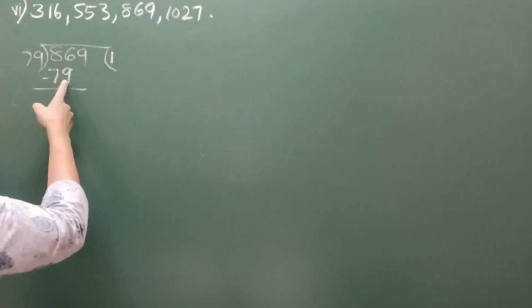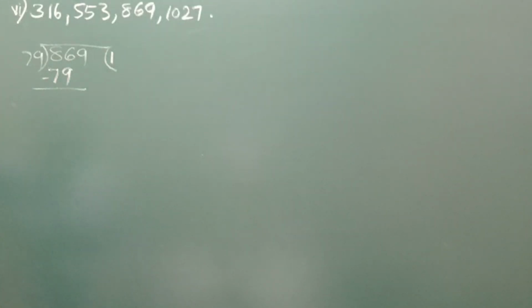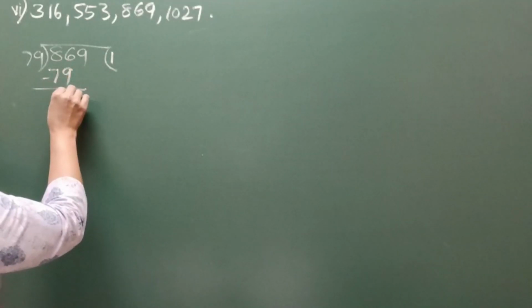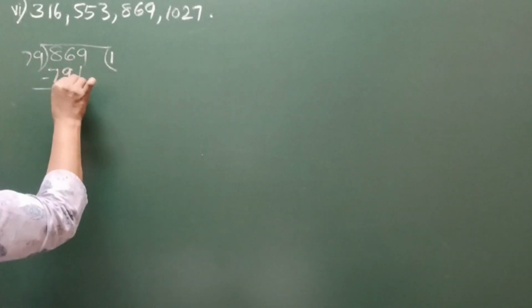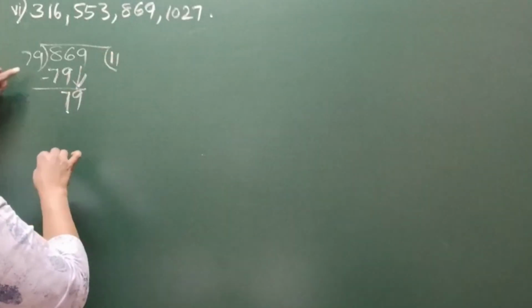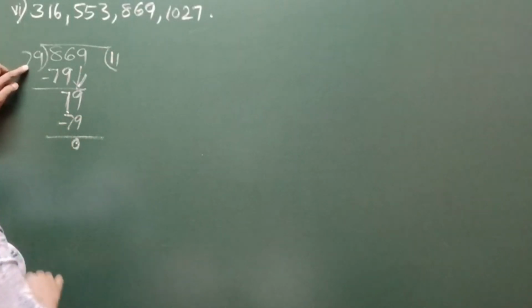6 is smaller than 9. So borrow from here, make it 16. So 16 minus 9 is equal to 7. Then remaining 7, 7 minus 7 is equal to 0. So bring down this 9, 79. One time. 79. 0.